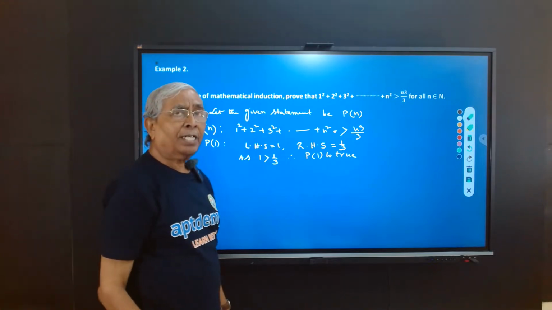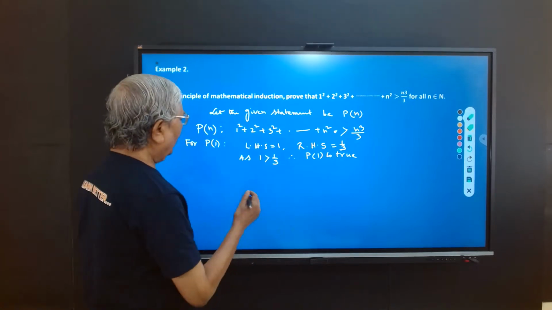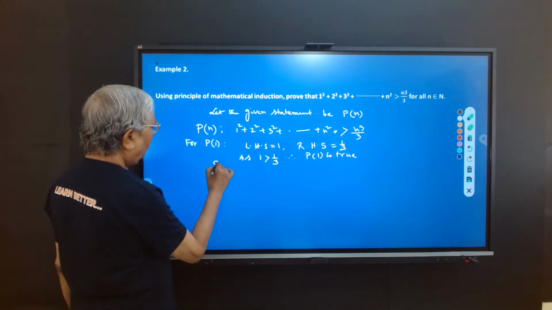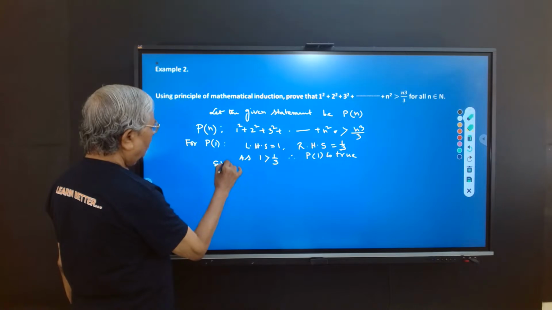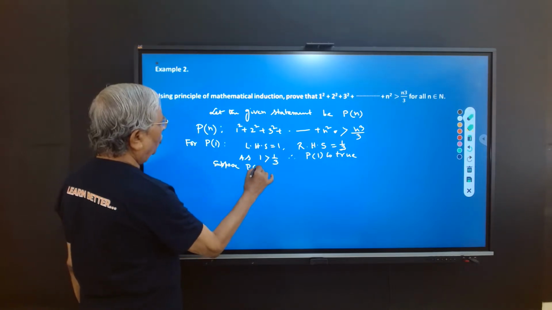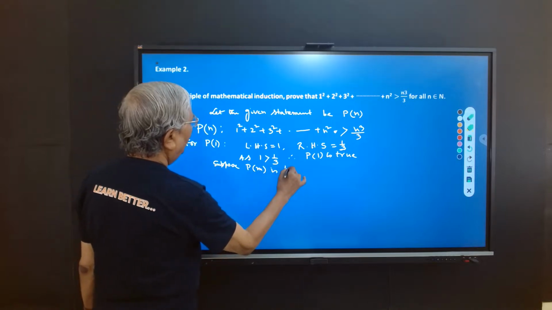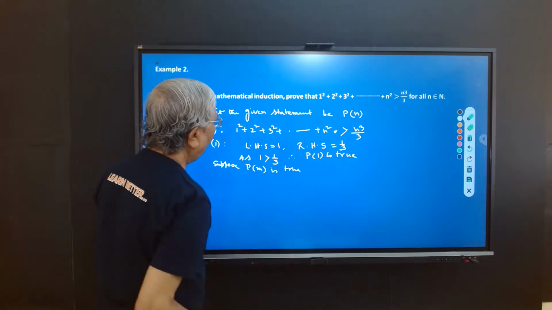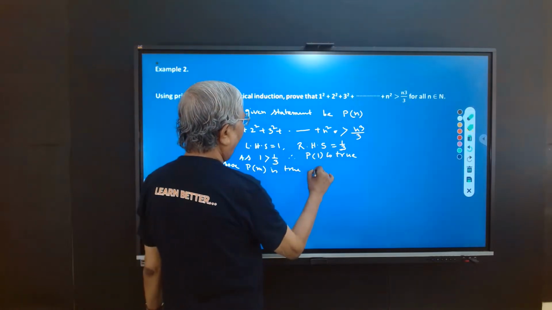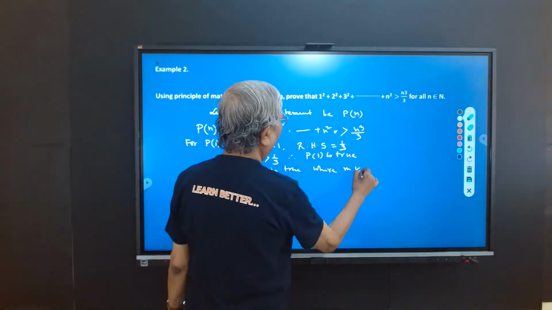Next, we suppose that the statement is true for n equals m. Suppose Pm is true for any natural number, where m is a positive integer.